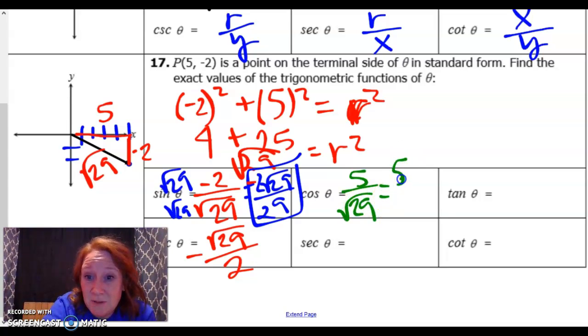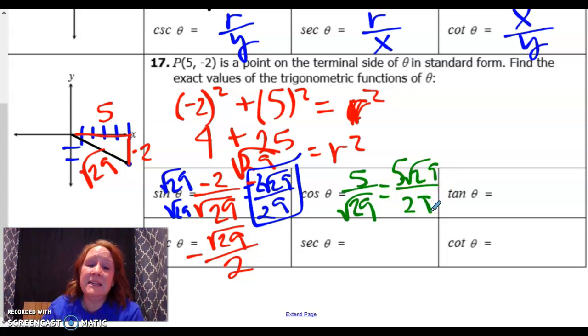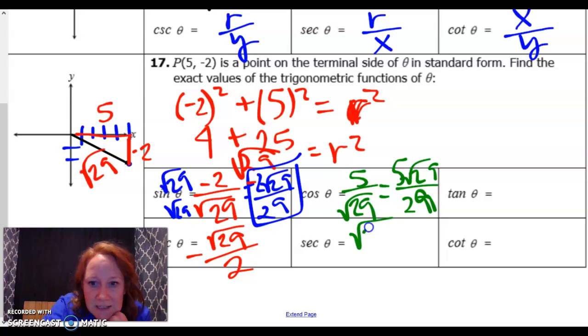This is just going to be 5 square root of 29 over 29, unless it simplifies. That's the pattern every time, it's super nice. It's positive because the hypotenuse will always be positive, and the x value was positive 5, so it's positive. Then secant is upside down: square root of 29 over 5.